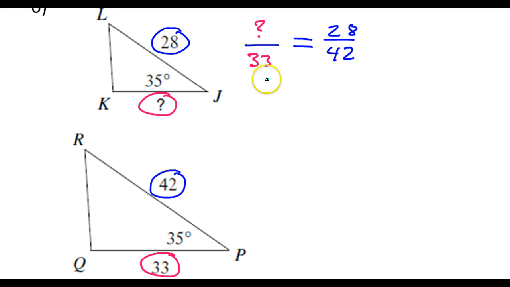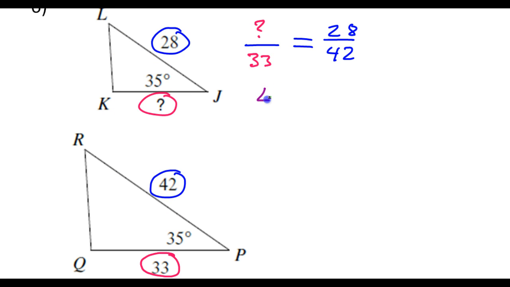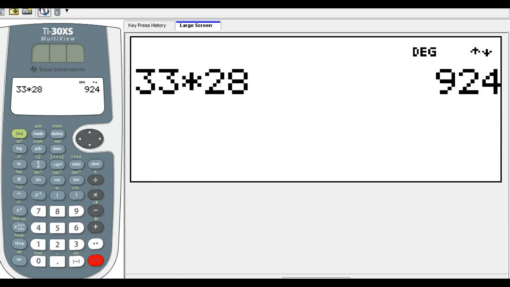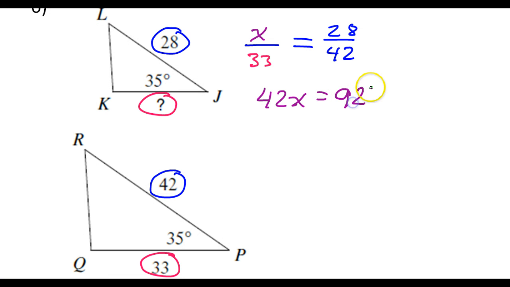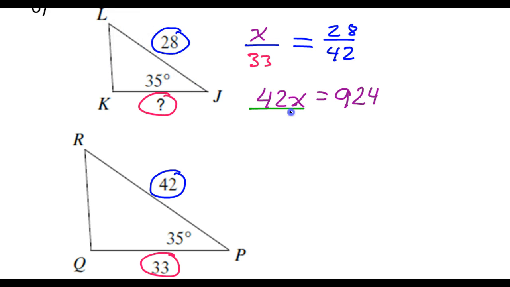Let me use x instead of question mark so it'll be more clear. So this will be 42x is equal to, let's see, 33 times 28, which is 924.